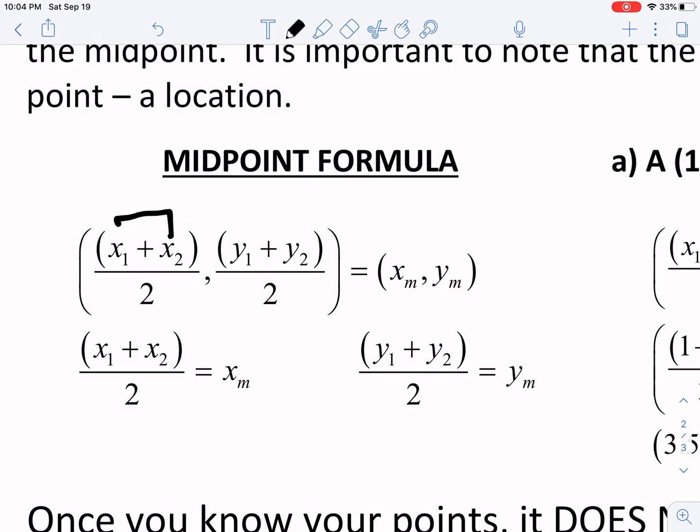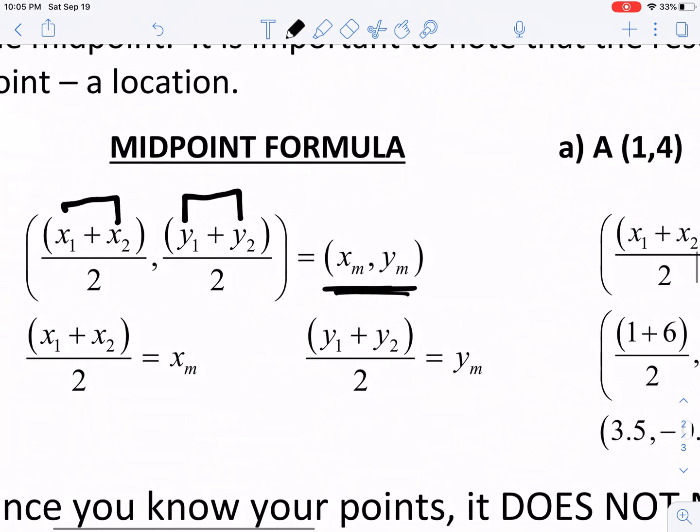So it's finding the average or the middle between those two x's. Same thing with the y. It adds the two y values together and divides it by 2 to find the middle of the two y's. That's the midpoint formula. We're just finding the middle x value, the middle y value, and that becomes our new coordinate. Okay, so it's not actually a number, it's a coordinate. Okay, so the midpoint formula gives us a coordinate here.